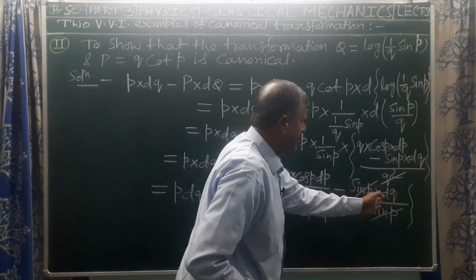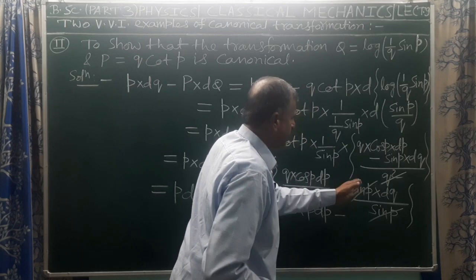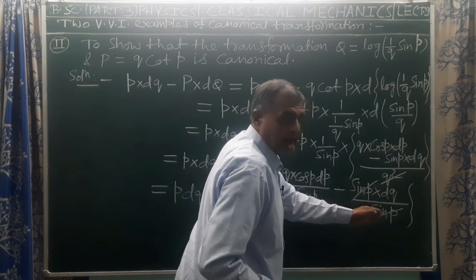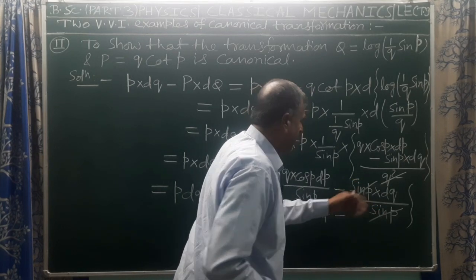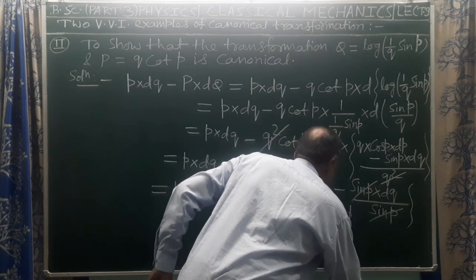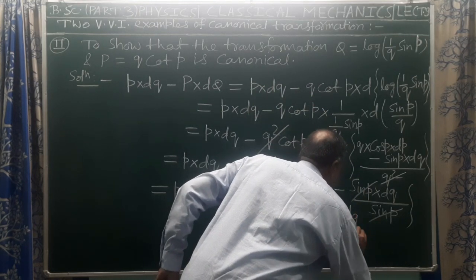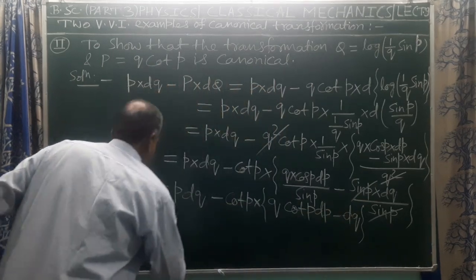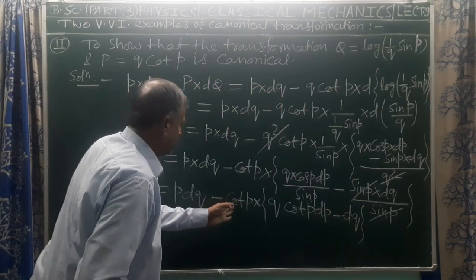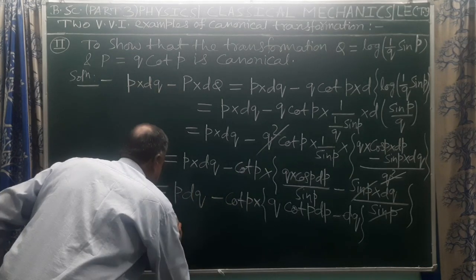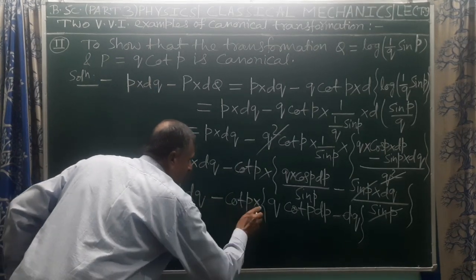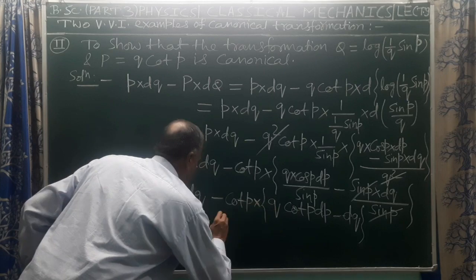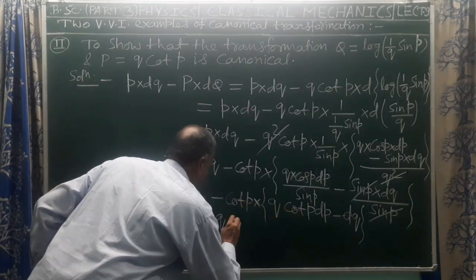Now the second term is d small q, because sin p in the numerator and denominator cancel out. Now we have small p dq minus q small q into cot p.